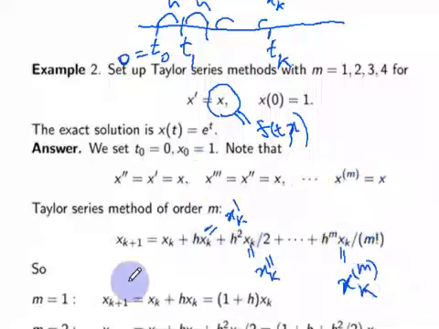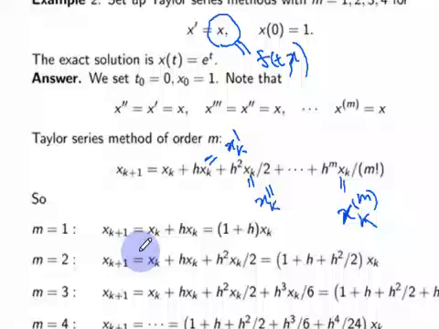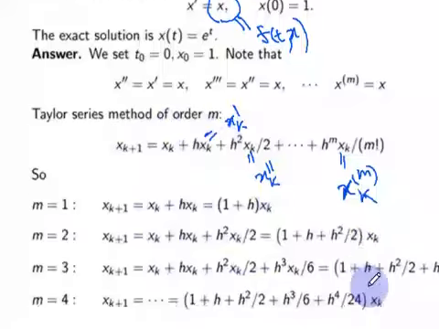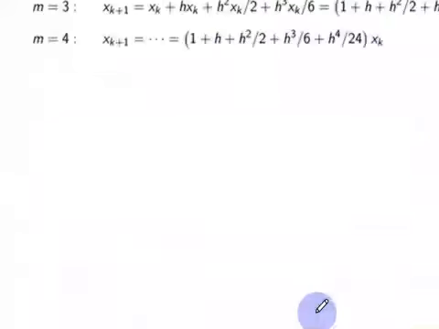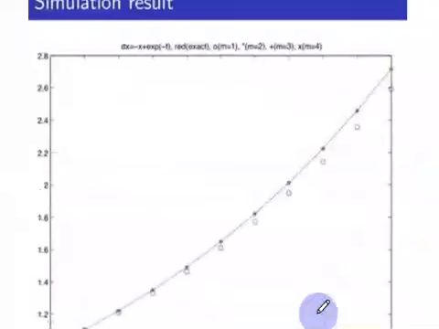When m is equal to 1, you get these two terms, which is this. When m is equal to 2, that means you consider only the first three terms of your Taylor expansion, which is this. And these are the results.